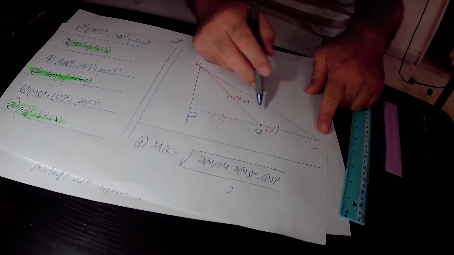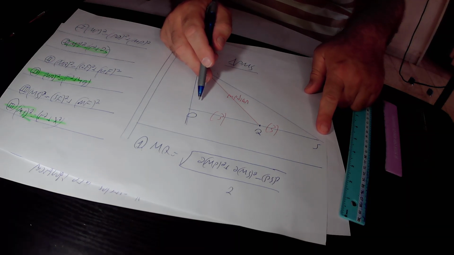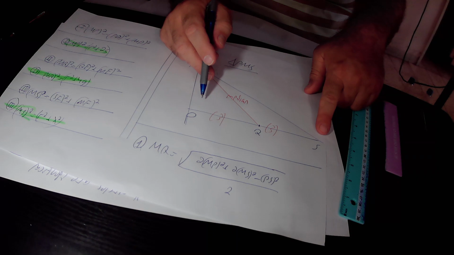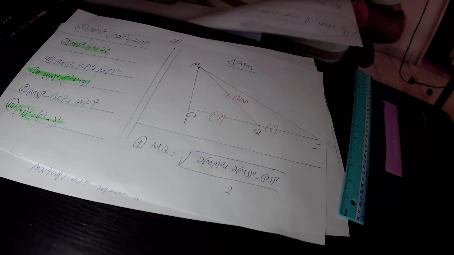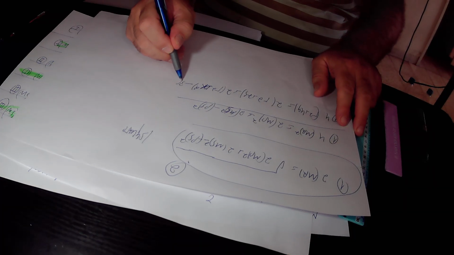PS, this is side PS, that is in total 3 plus 3, that is 6. So PS equals 6, therefore PS squared is 6 squared, that is 36. So minus PS squared is minus 36.